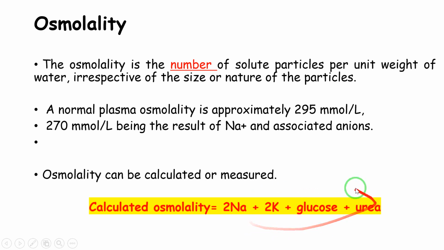So any other analytes that are not present there will be measured by the measured osmolality but cannot be calculated. This results in a difference between the calculated and the measured osmolality. The measured osmolality will be higher than the calculated osmolality in this case, and the difference is called an osmol gap.